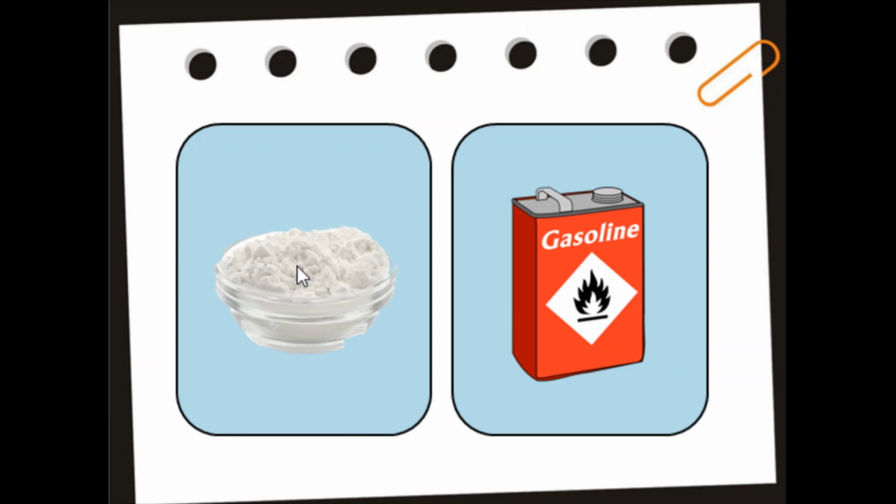So, what does it mean? This is an example of a dry good. Good job. How about the gasoline? Gasoline is an example of a... Well done. It's a liquid good.